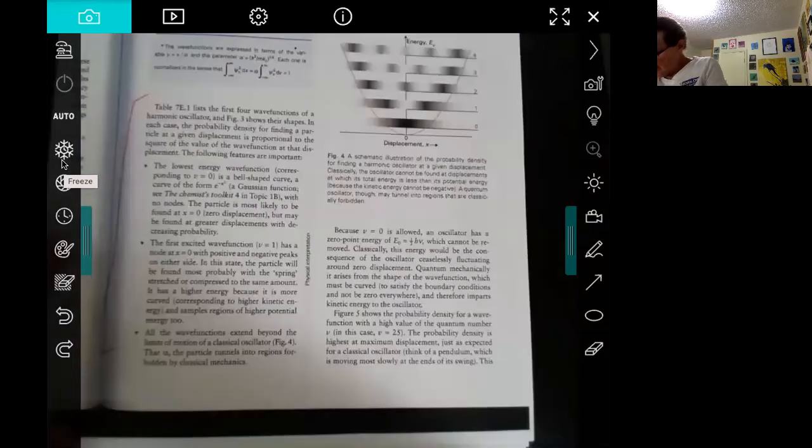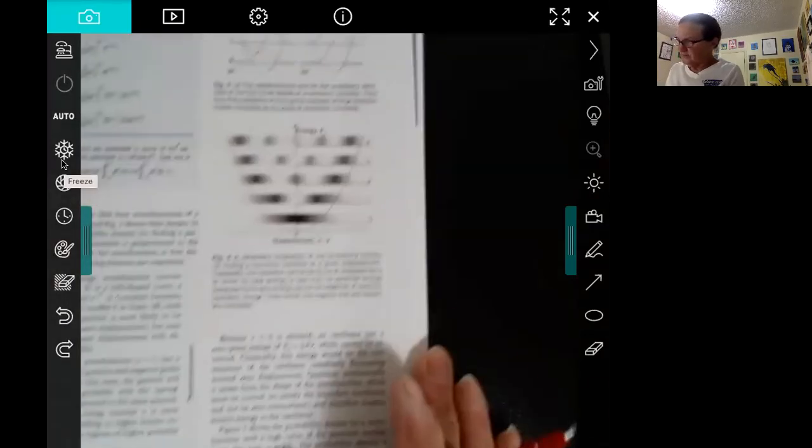All the wave functions extend beyond, and I am going to have to focus this for that. I guess you can see it. So you look in the upper right-hand corner on page 349, each of these wave functions has value other than 0 outside the blue potential energy line.